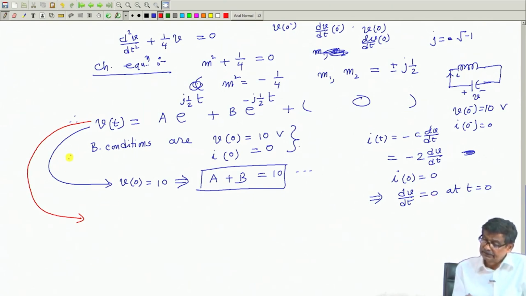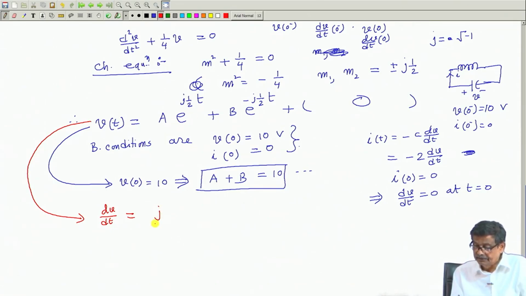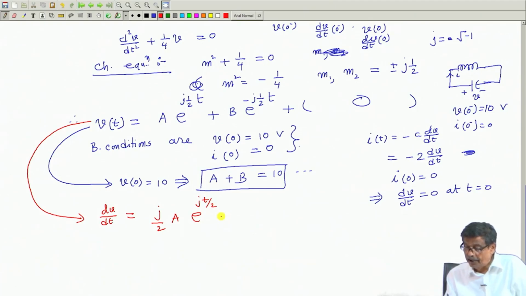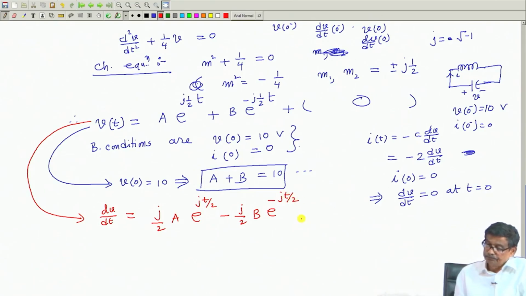If you differentiate both the sides, dV/dt will be j by 2 into A into e to the power j t by 2, minus j by 2, this constant will come out, into B which was there already, into e to the power minus j t by 2.